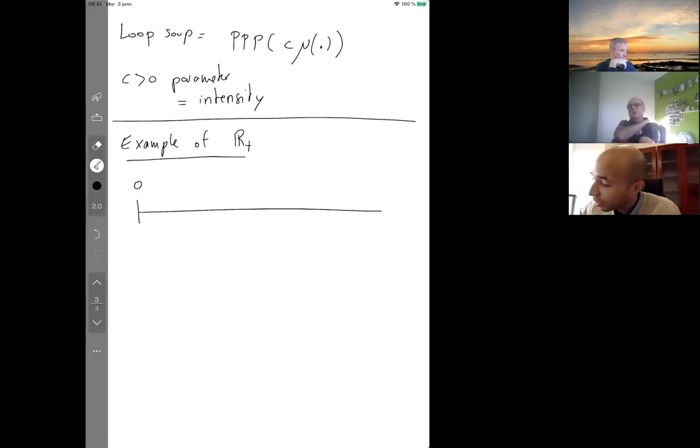So how you can see your loop soup on R plus is you can take a Poisson point process with intensity C dx, so that's for the minimum.